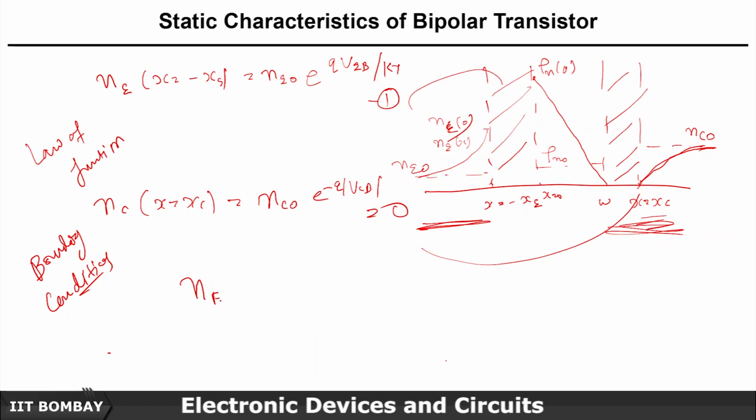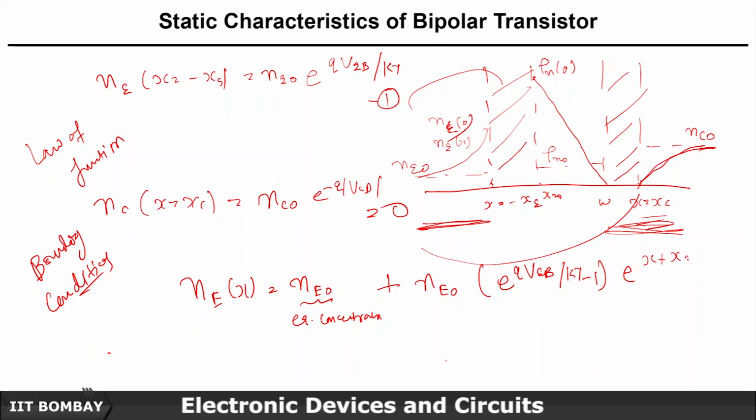So NEX equals NE0, the equilibrium concentration, plus NE0 times e raised to the power q VEB by KT minus 1, times e raised to the power (x plus XE) by LE, where x is less than minus XE.